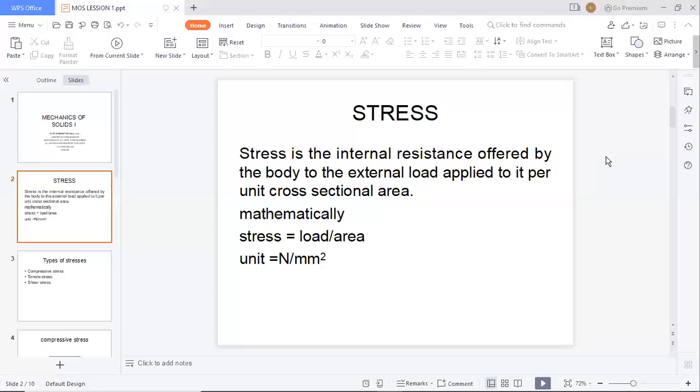Mathematically, stress is equal to load by area.